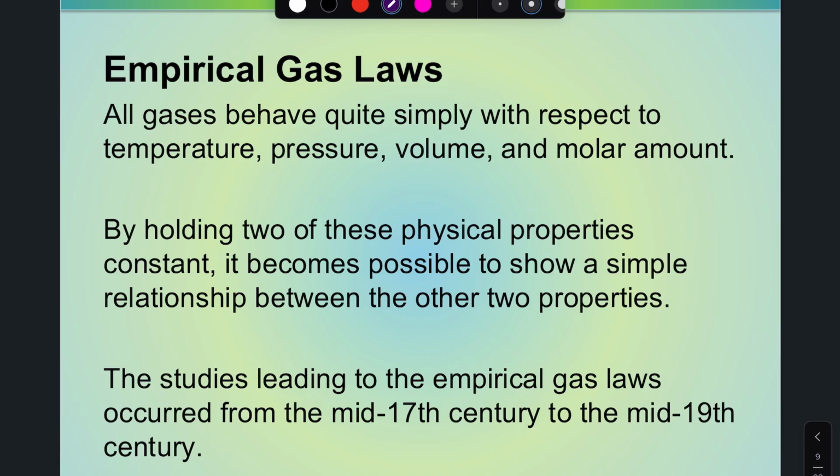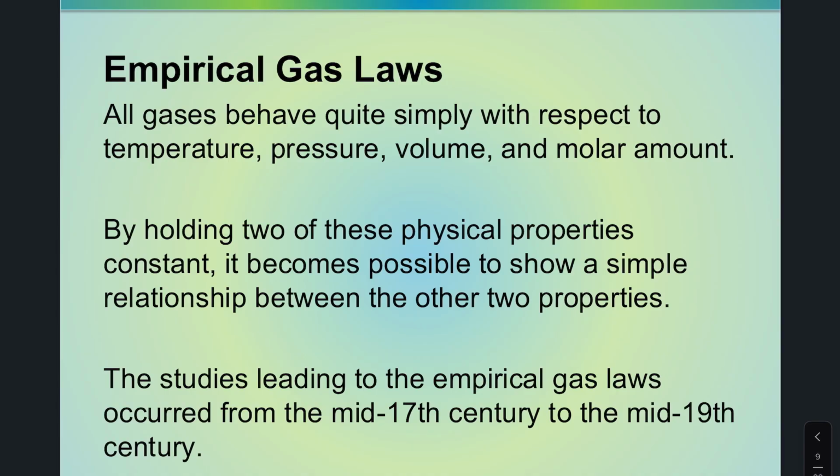Okay, so this is the real thing that we're going to be using. That last one is how to measure a barometer, but for the empirical gas laws, it's a little bit different. The empirical gas laws are talking about how we are going to address gases.